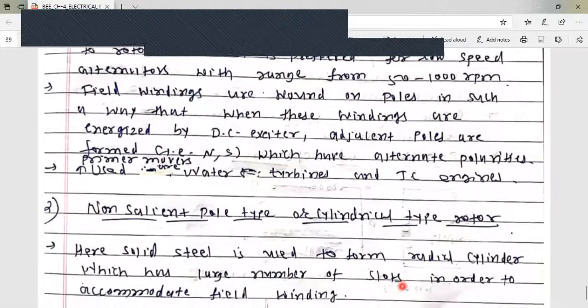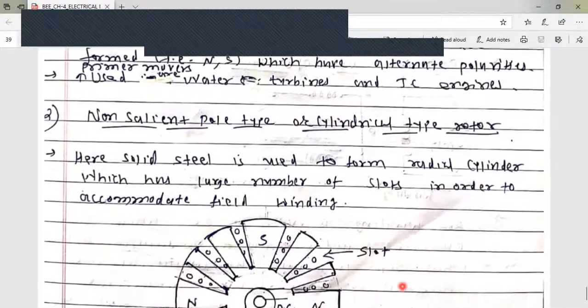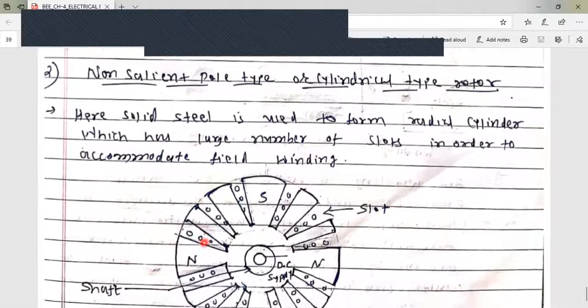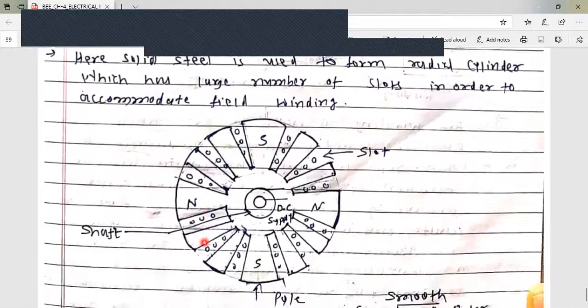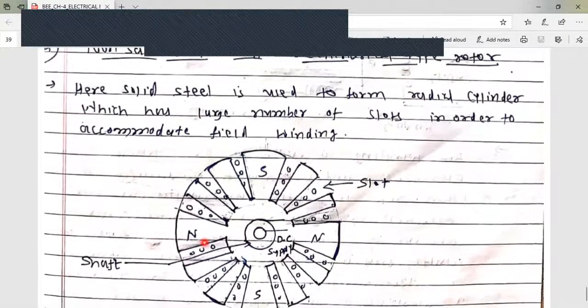The next type of rotor used in a synchronous generator or alternator is the non-salient pole type, also known as the cylindrical type rotor. See here, this is the construction of the cylindrical type or non-salient type rotor.